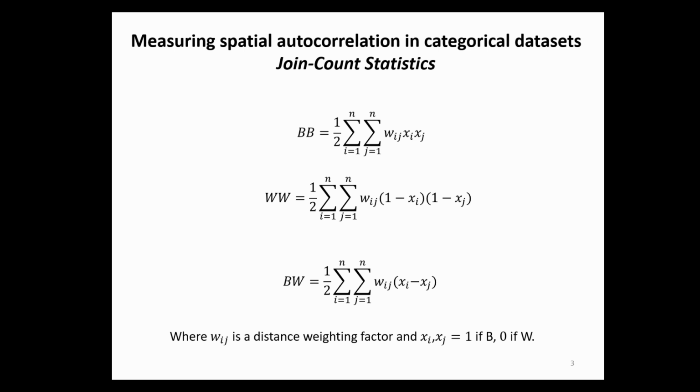The other assumption is that X with i and X with j are equiprobable, which is not always the case. Since the statistics BB, WW, and BW demonstrate asymptotic normal distribution, their significance can be explored using the Z-test. Pretty simple.